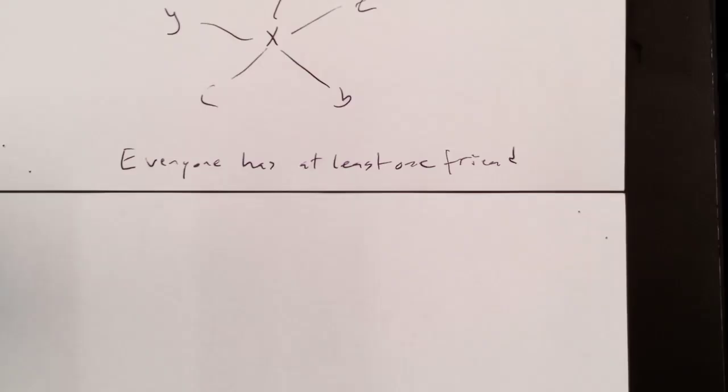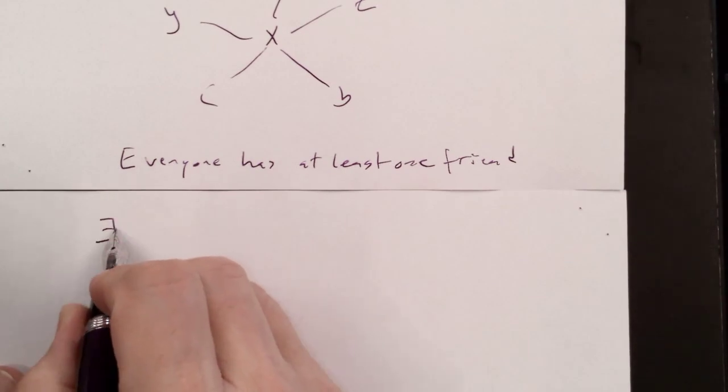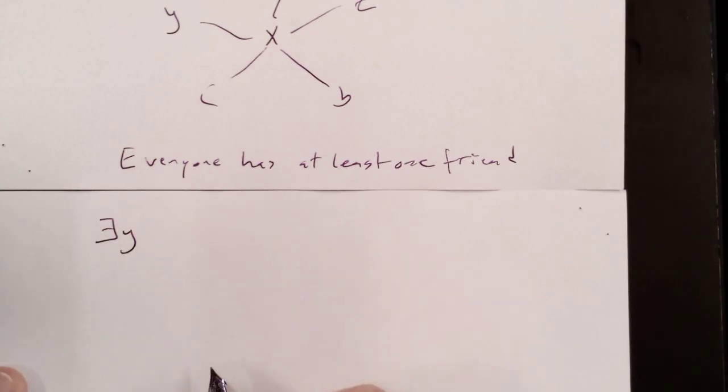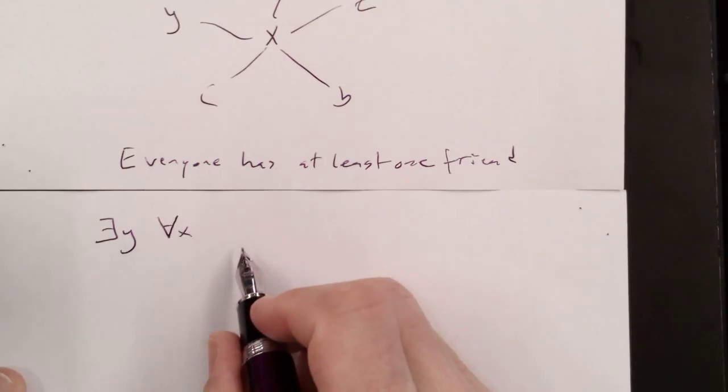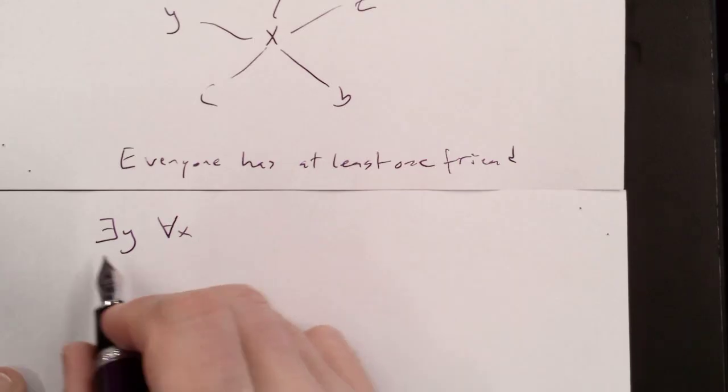How would I quantify this? So if I write this, there exists y, then what? So there are my quantifiers.